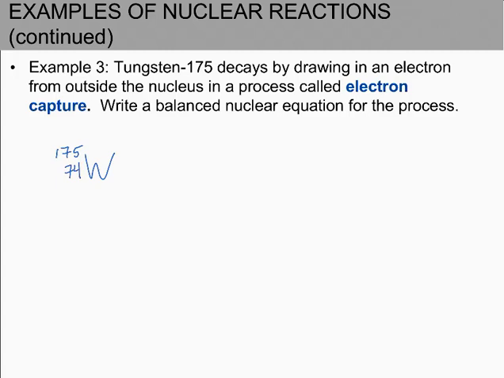All right. And then we're told that it captures an electron. So we're going to write the symbol for an electron. And then we're going to try to determine what the product is, or what the daughter nuclide is. All right, so this is a lot easier because we're just adding up everything on the left-hand side, and then we're going to see what that equals.